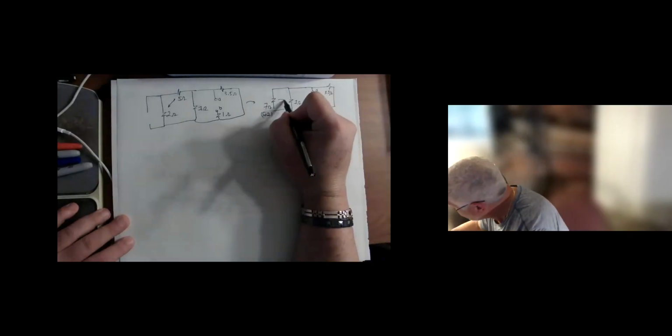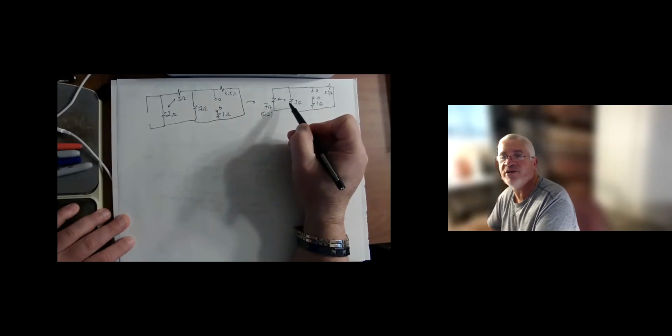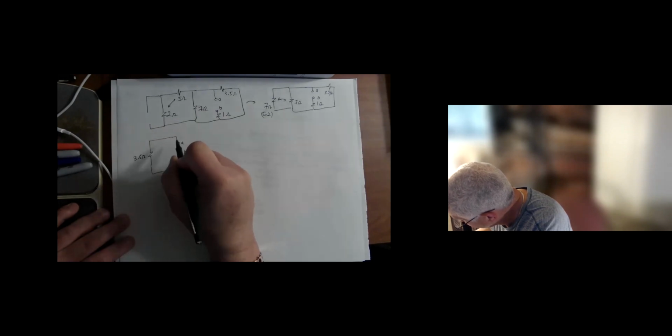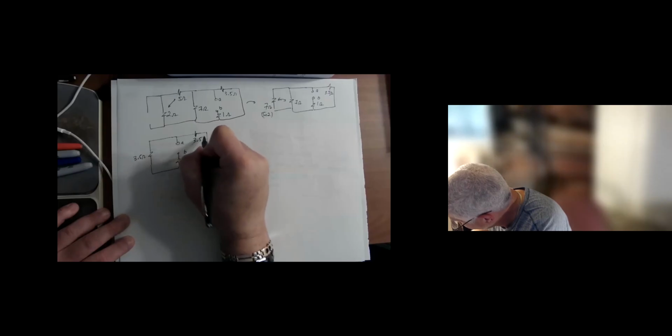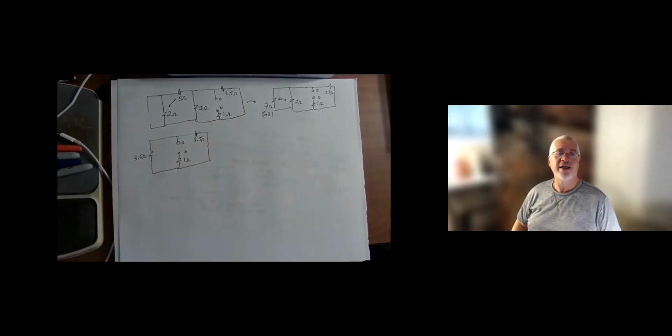You can now see these two are in parallel, so I'm going to combine them. When we combine two resistors in parallel of the same value, you get half the value. So we get 3.5 ohm. There's A, B, the 1 ohm, and 3.5. That's a new circuit here.